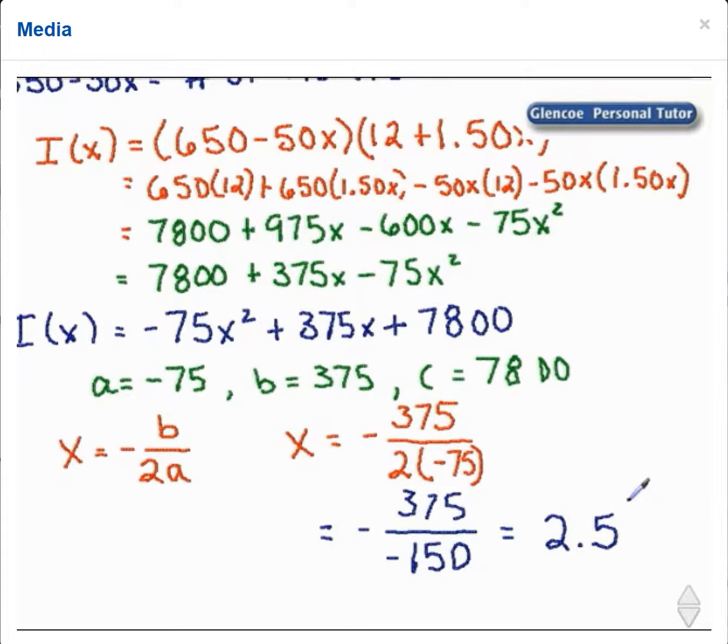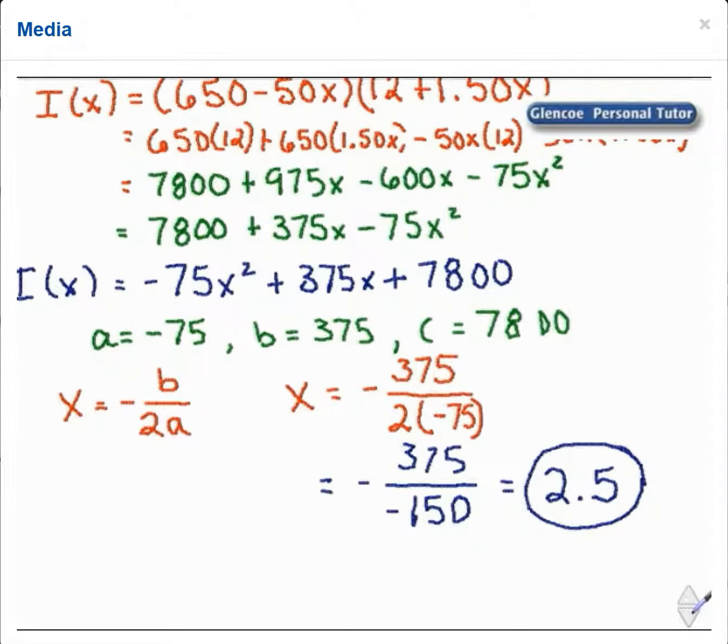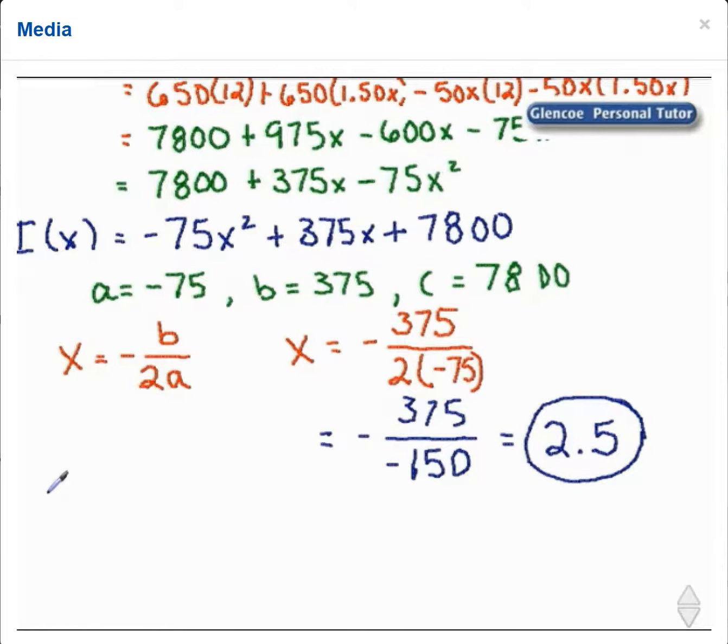So we need to substitute this value 2.5 into our formula to find out what the price per ticket is going to cost. Remember, we said the price per ticket was 12 plus 1.50 times x.